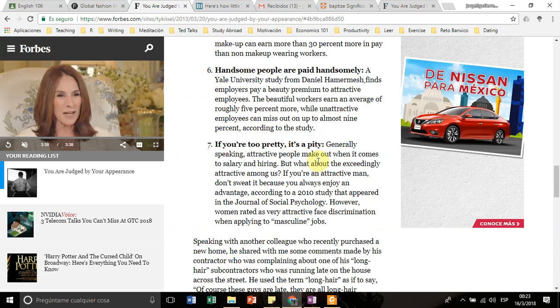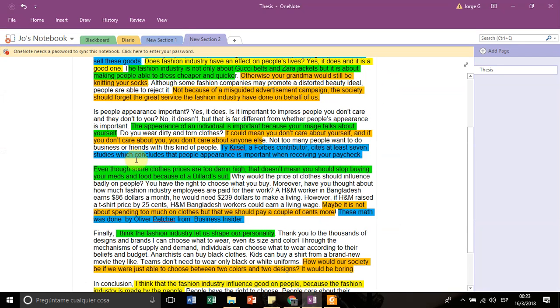He gives 7 examples, which conclude that people's appearance is important when receiving your paycheck. People who have a better appearance get more pay. Do you understand? People who have good appearance have higher wages. So this is the second fact.